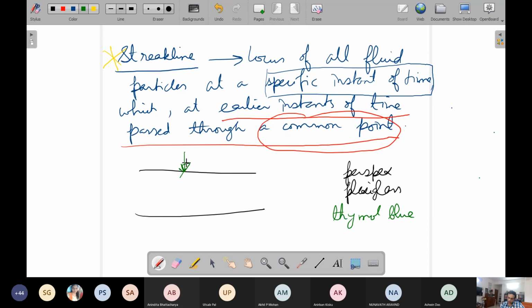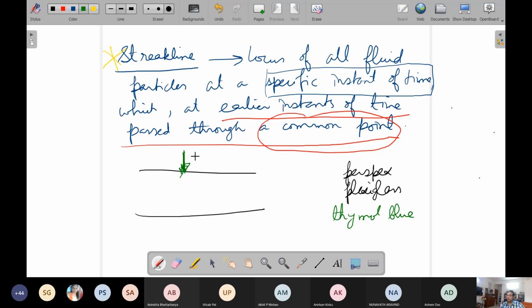By an injection syringe, you are injecting this one. Okay. So after you are injecting, you are allowing the dye to settle.